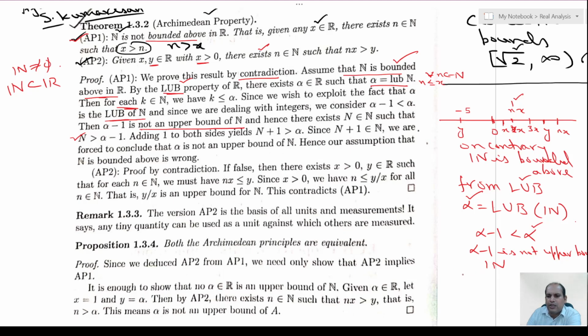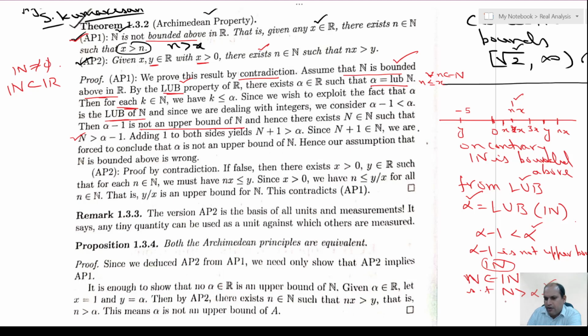So, there exists at least one natural number, let us take the same notation, capital N, belonging to the set of natural numbers, such that N will exceed alpha minus 1, because it is not an upper bound.